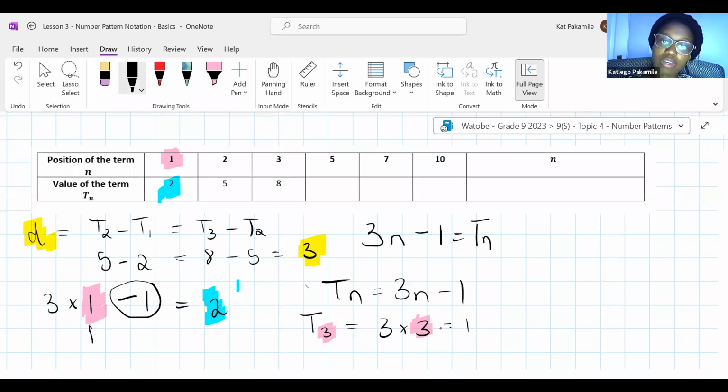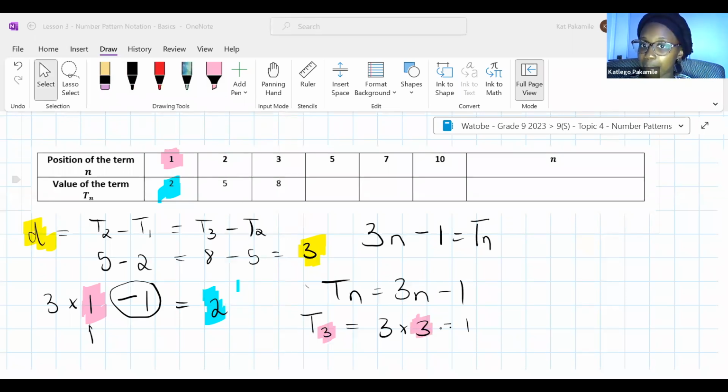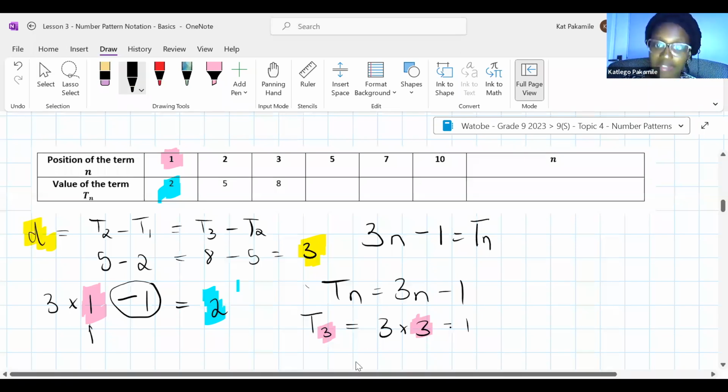And that will give us how much? What did I ask you instead? It's definitely not 13, guys. What's 3 times 3? 9, and then subtract 1. 8, ma'am. Do you see how easy it is?